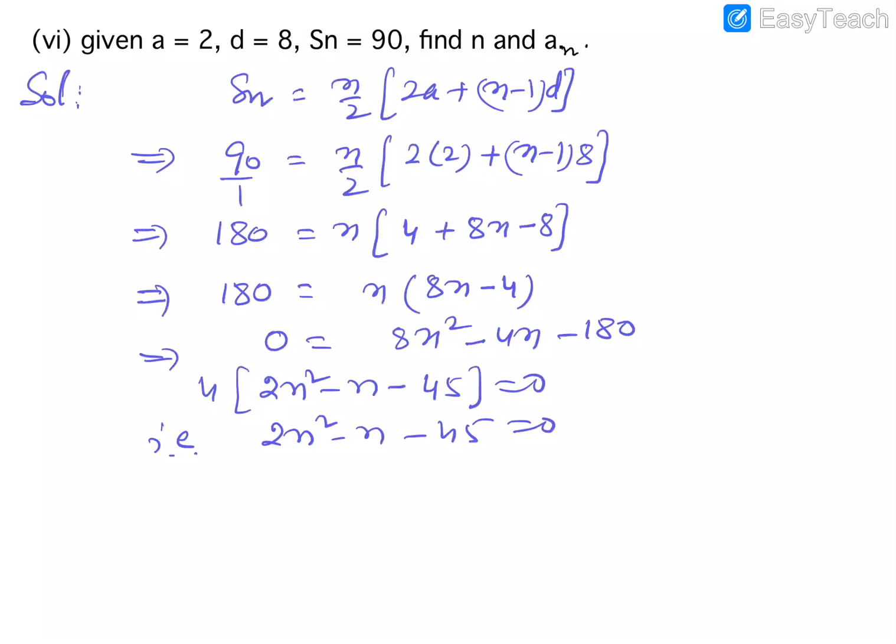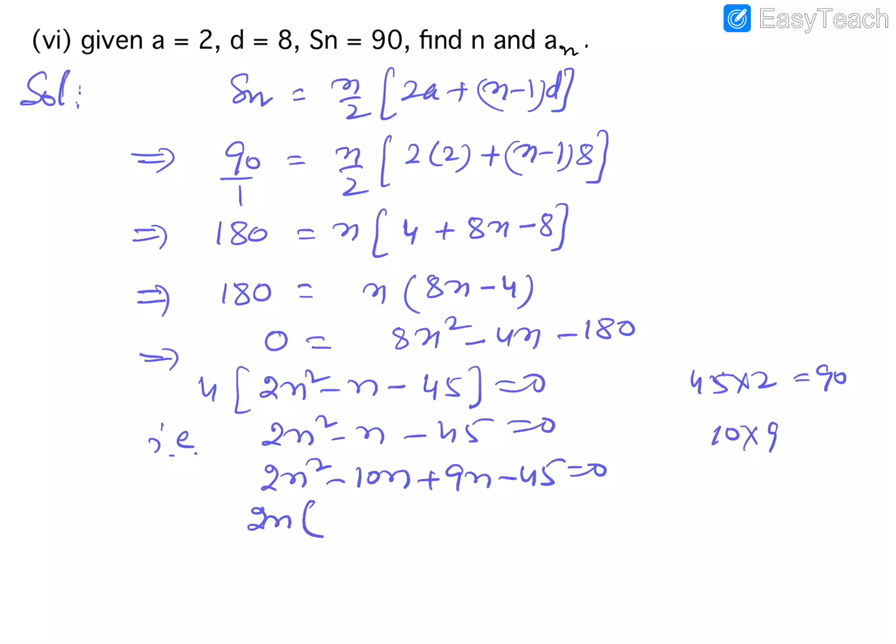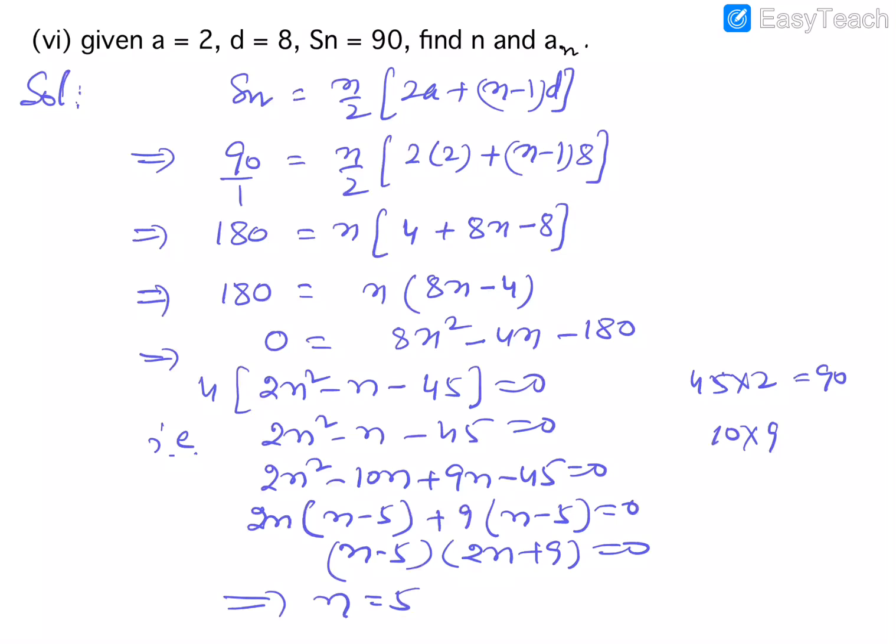Applying the method of splitting the middle term, 45 2s are 90, and 10 9s are 90, 10 minus 9, 2n square minus 10n plus 9n minus 45 is equal to 0. 2n is common, so n minus 5, plus 9 is common, n minus 5. Again n minus 5 is common, 2n plus 9 is equal to 0, and this gives n is equal to 5 and minus 9 by 2.